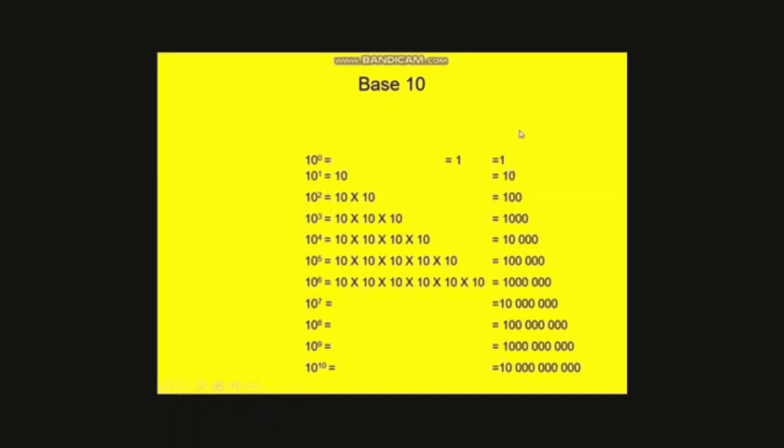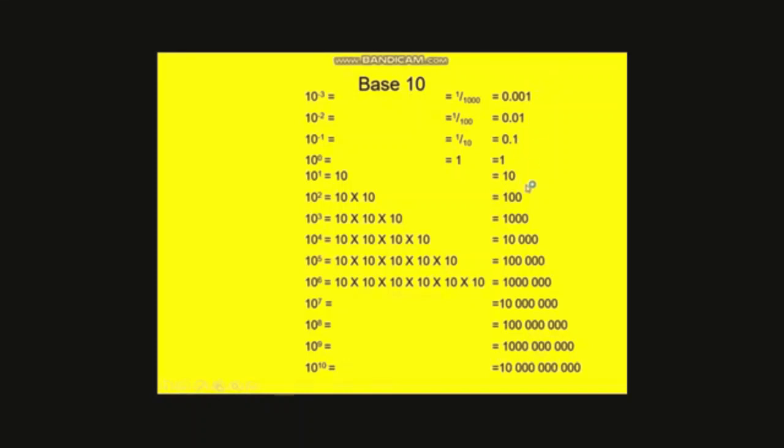So 1 divided by 10 is a tenth, or we'd write that as a decimal as 0.1, and the index for that is -1. 10 to the -1 is 1 over 10, or 0.1. We divide by 10 again, we get 10 to the -2, and it's 1 over 100, which is 0.01. And then we have 10 to the -3, which is 1 over 1,000, which is 0.001. So you can see the pattern going on here.